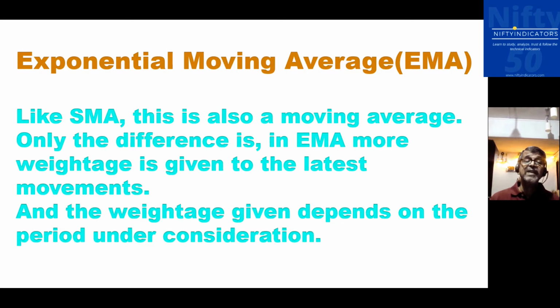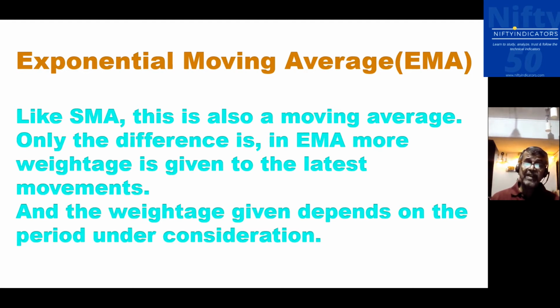Whereas when we are giving additional weightage to today's closing, then it becomes a little higher. The weightage we are giving, that is the multiplying effect, for 10 days is 18.18% higher.